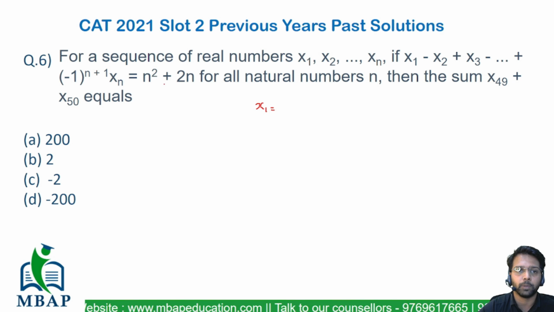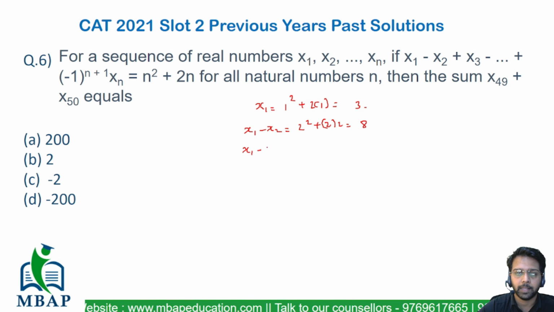The value of n you will substitute to be as 1 itself. So it's going to become 1 square plus 2 times 1, which will become 3. Moving on, next it's going to become x1 minus x2, right? If I assume n to be as 2, the value of x1 minus x2 will become 2 square plus 2 times 2. This value will become 8.